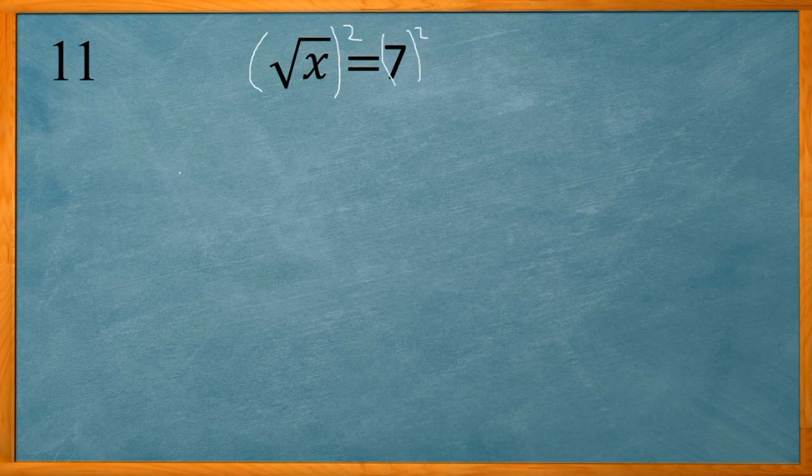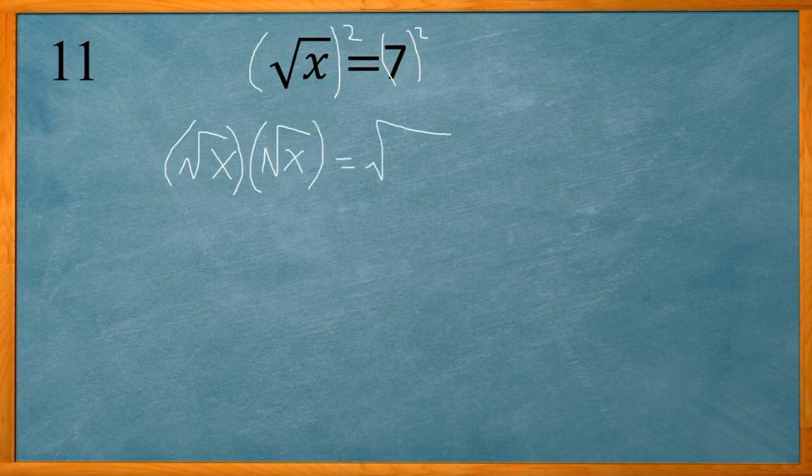And if I do square root of x times the square root of x, if you remember your radicals, you end up having the square root of x squared, because you multiply what's underneath the radicals together, and the square root of x squared is just x.